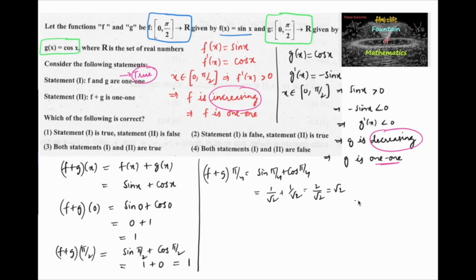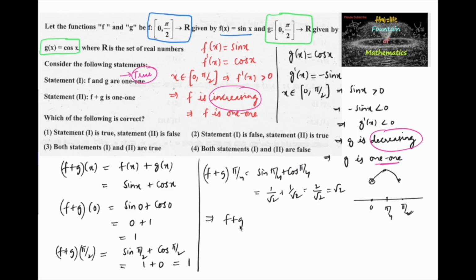Even if you see the graph, at 0 it is 1, at pi/2 it is 1, and at pi/4 it is root 2, so the graph is increasing and decreasing, which is neither increasing nor decreasing.